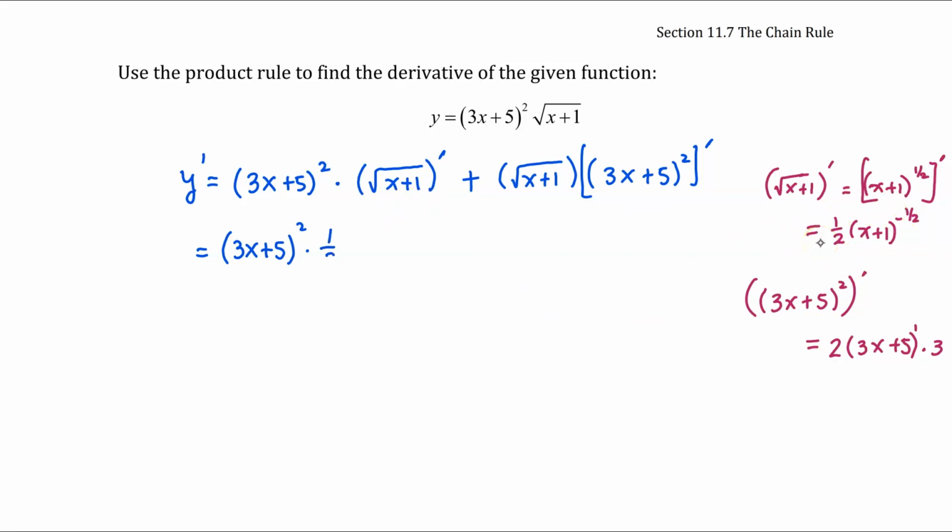So you have 1/2 quantity (x plus 1) to the negative 1/2 plus, you copy square root of x plus 1 times the derivative of (3x plus 5) squared is equal to this. 2 times (3x plus 5) times 3.